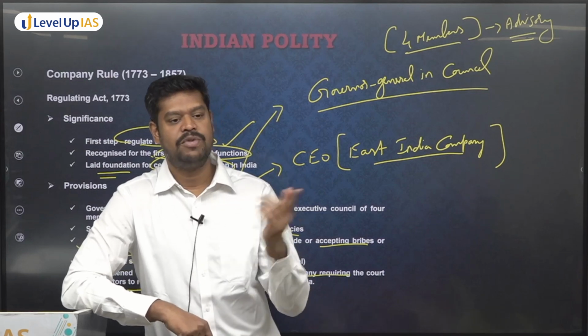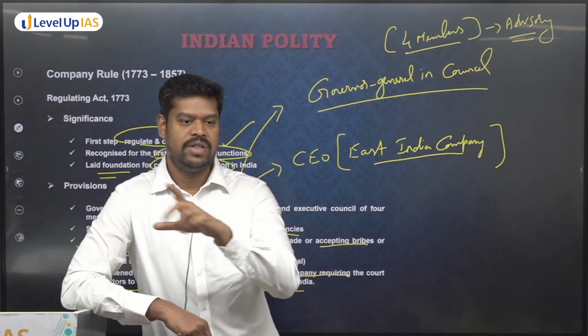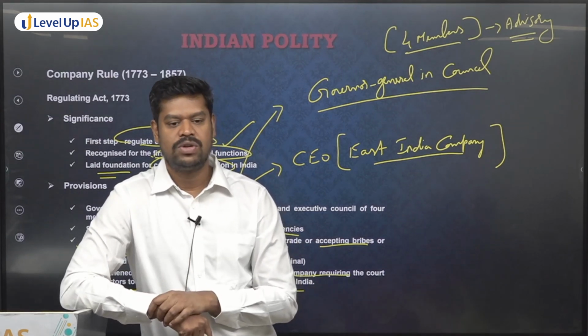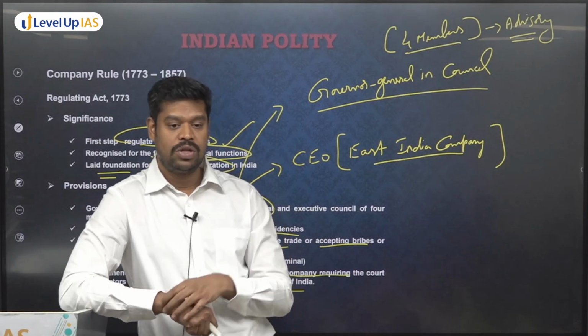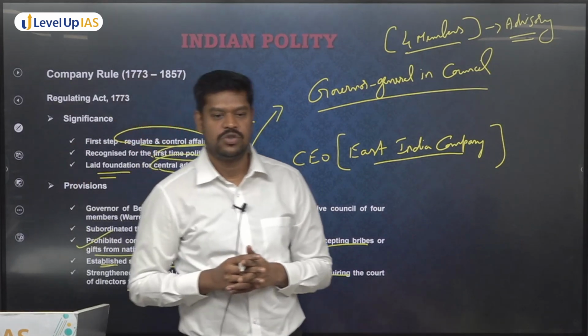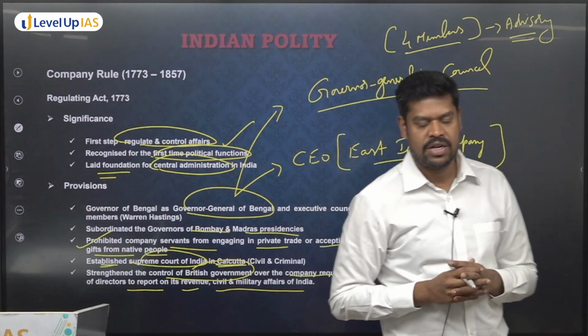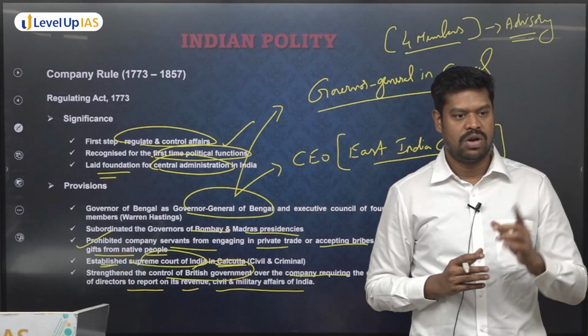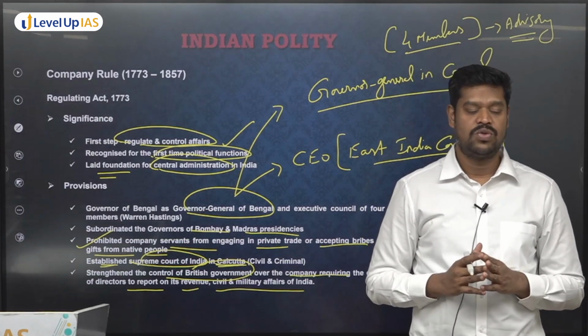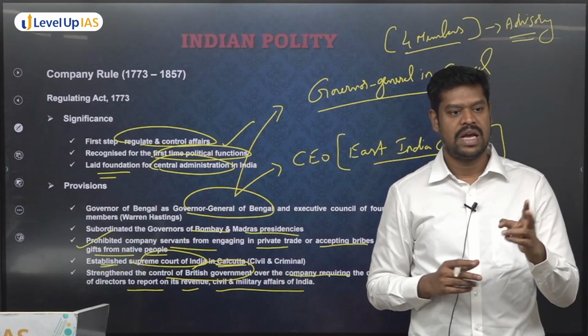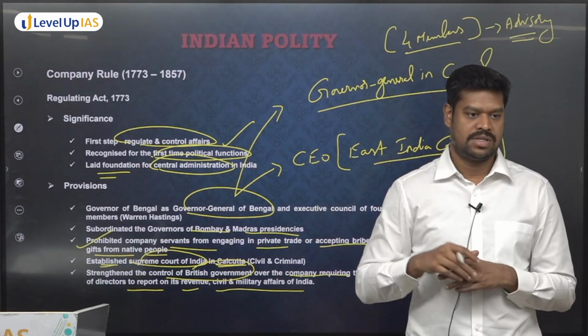However, earlier, before the Supreme Court, who was in control of giving these directions to the other courts? It was the Governor General and his council. Therefore, there was a direct conflict between the authority of the Supreme Court and the authority of the Governor General in Council. That was one conflict. Now, the second conflict is with regard to the Supreme Court of India having control over the company officials.